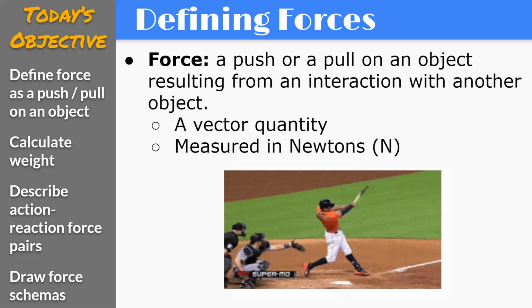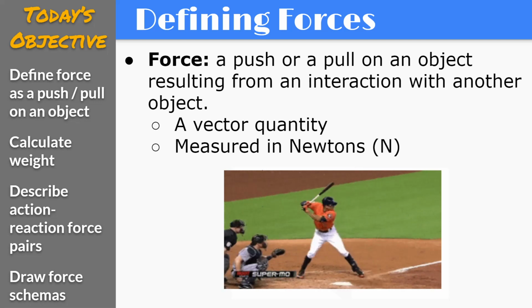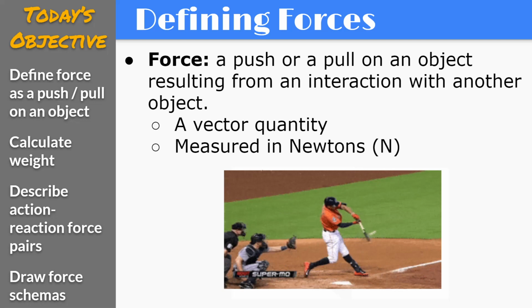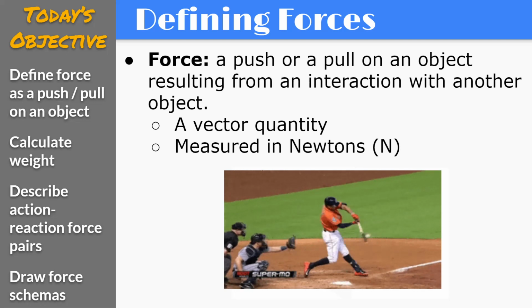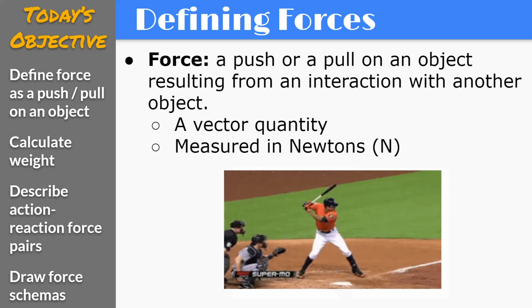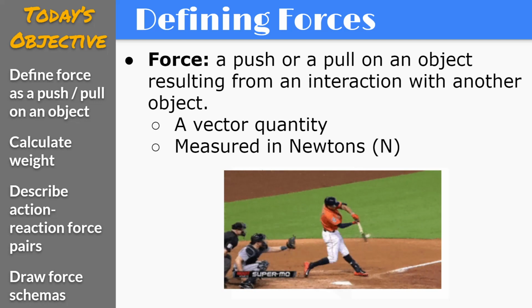Okay, so again, it could be a force that is applied from a bat to a ball, like in the image right there. I think that's an older image. I think that might actually be George Springer. But you have that force, that push that occurs when the bat and the ball make contact. And there's a direction to it.